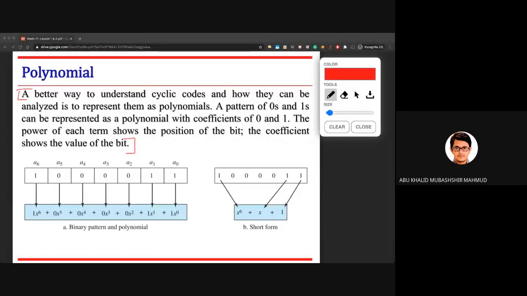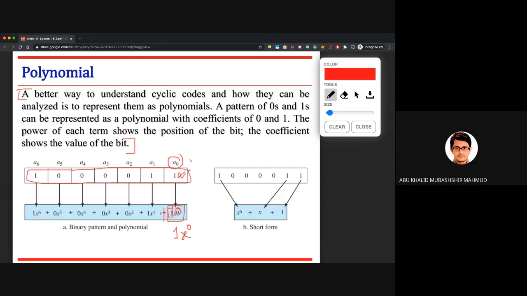The coefficient shows the value of the bit. So if you want to represent this total binary string as a polynomial, we can represent it like this. This is the first bit, so the power of x is 0, and as the bit is 1, the coefficient is 1, and the total term for this bit is 1 times x to the power 0.